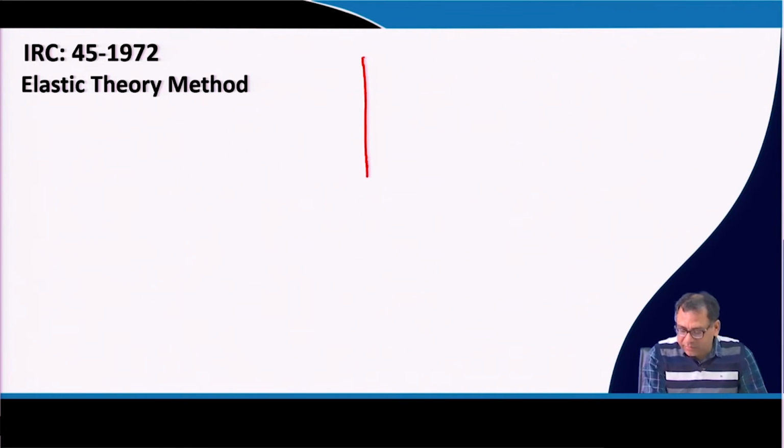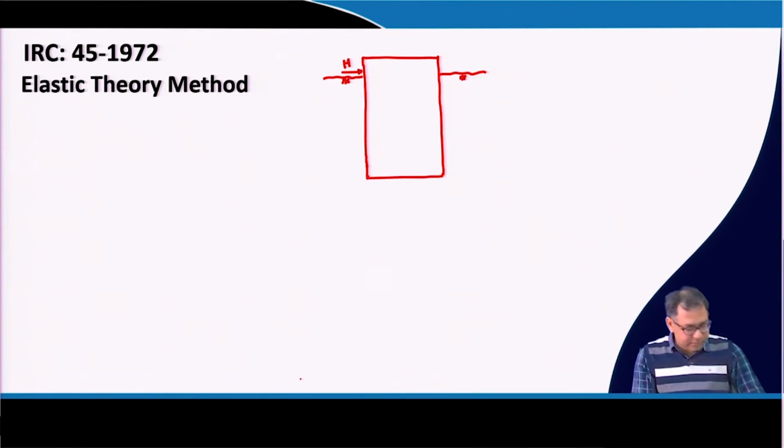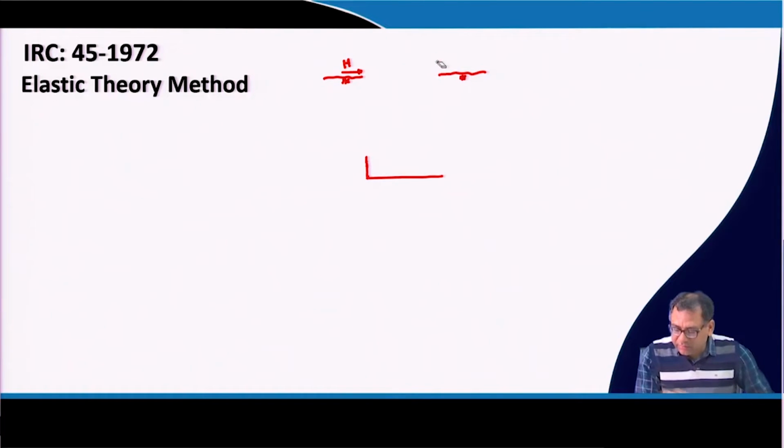This is the well foundation, and this is the scour level, and H is acting at this level.